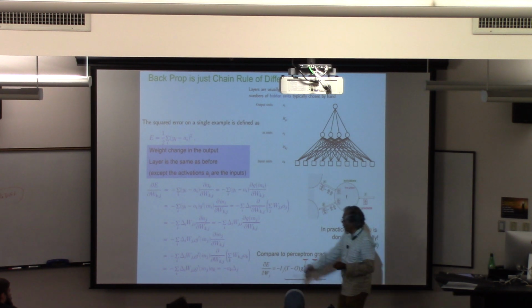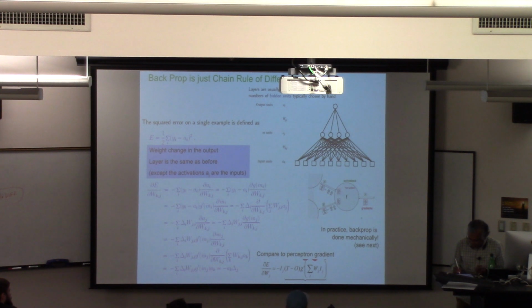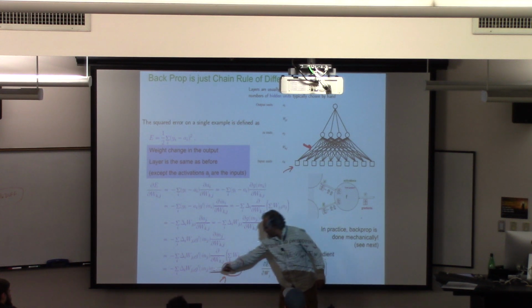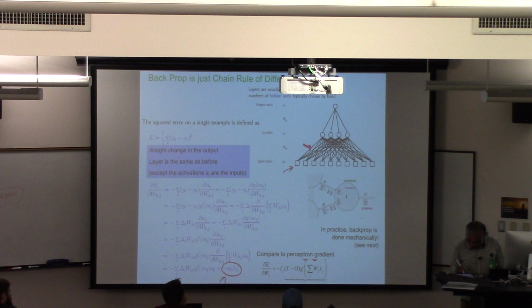Then after some more chain rule applications, you will get to a point where you will see that the way to change Wkj, the weight here, is going to be in terms of using the input for it, which is Ak, times again this gradient delta J, which is coming from these parts.